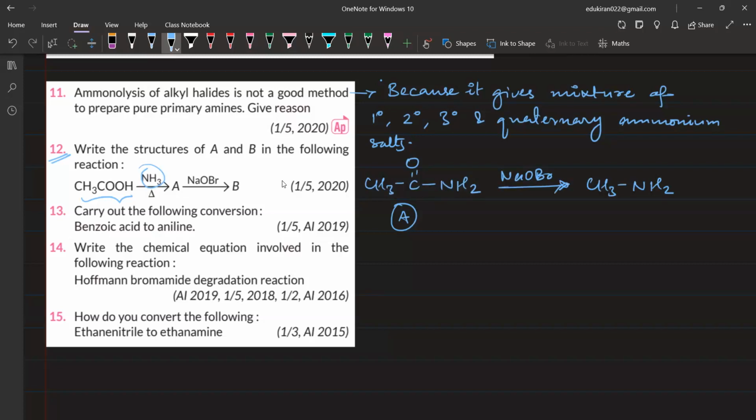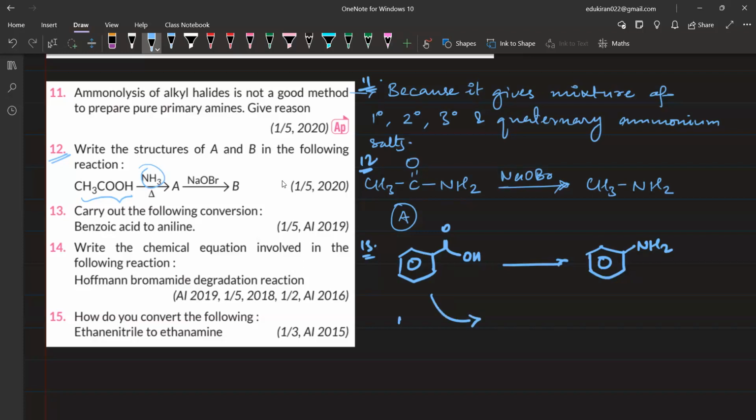Then they are asking to carry out the following conversion, that is from benzoic acid to aniline. This is question number 13; that was 12 and this was 11. Benzoic acid is a benzene ring having COOH, and we have to convert this to aniline, which is a benzene ring with NH2. As we are having one carbon atom less, I will first use NH3 and heat to get an amide, C double bond O NH2.